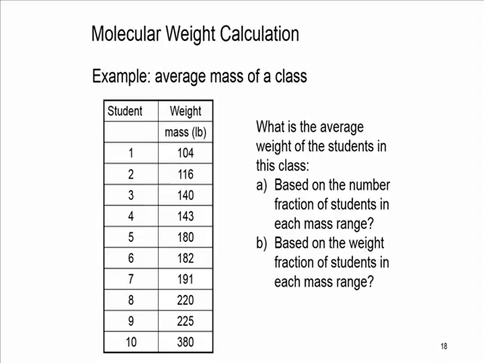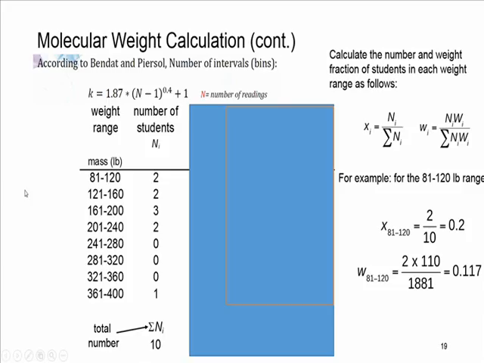We want to find the average weight of the students in this class based on the number fraction of students in each mass range, and also based on the weight fraction of students in each mass range. To find the average weight, we have to list students into different groups with different ranges of weight.